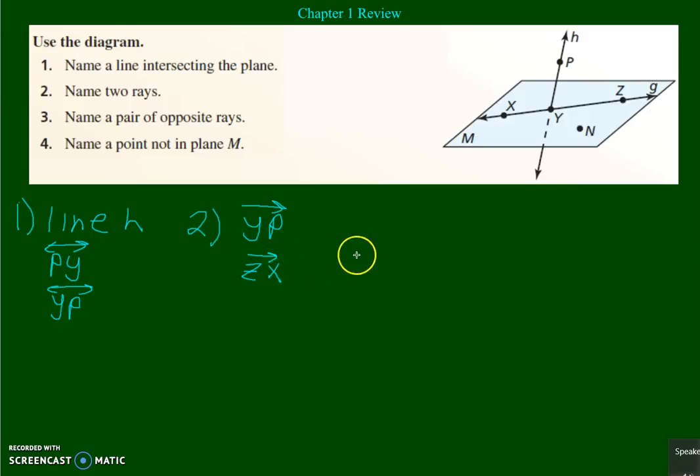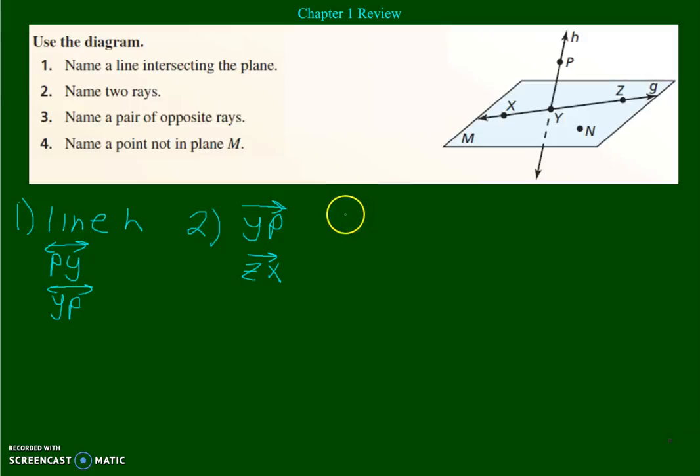Okay. Now for number 3. Opposite rays. Opposite rays are 2 rays that share a common endpoint and extend infinitely in opposite directions. Here, the only candidates that we have are YX and YZ. We couldn't use YP because we don't have another point going the opposite direction.